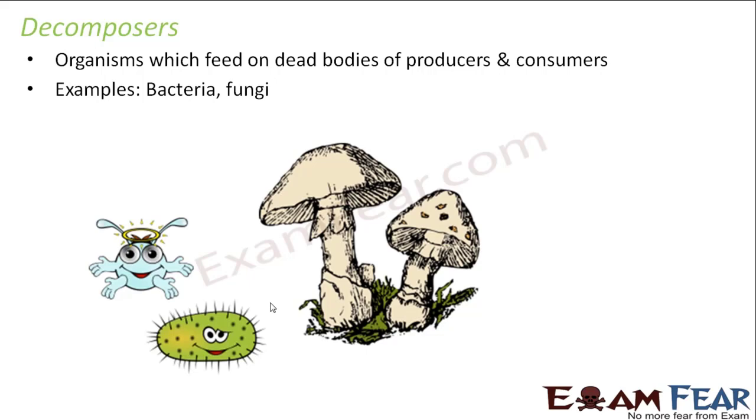These microorganisms, bacteria and fungi, have the capability to break down the complex bodies of animals or plants into simpler and simpler substances. This is how they obtain nutrition for themselves, and at the same time the body gets decomposed. Right? So these were the three categories of the biotic components of an ecosystem.